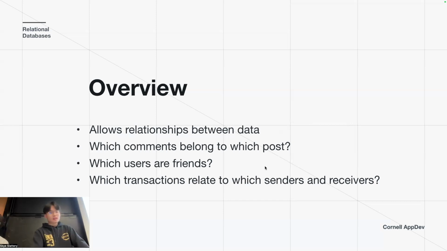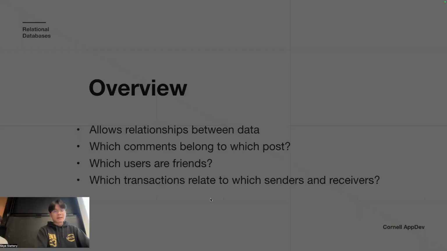Another example is which users are friends, like on Instagram. And on Venmo, which is your upcoming assignment, which transactions relate to the senders and receivers. Right now we don't have a way to store the relationships between data. We're only storing single table data. So today we're going to teach you how to do that.